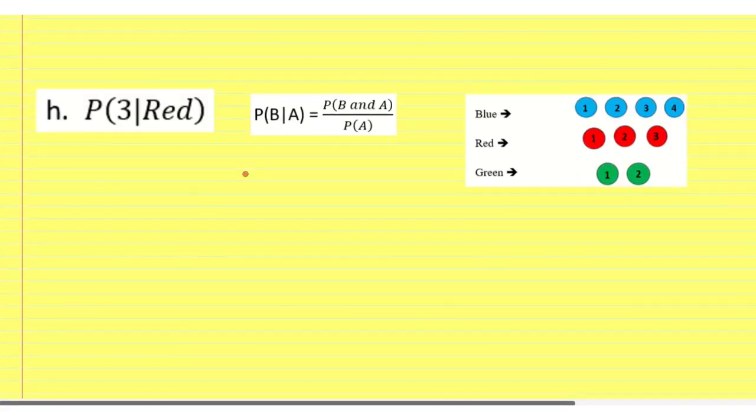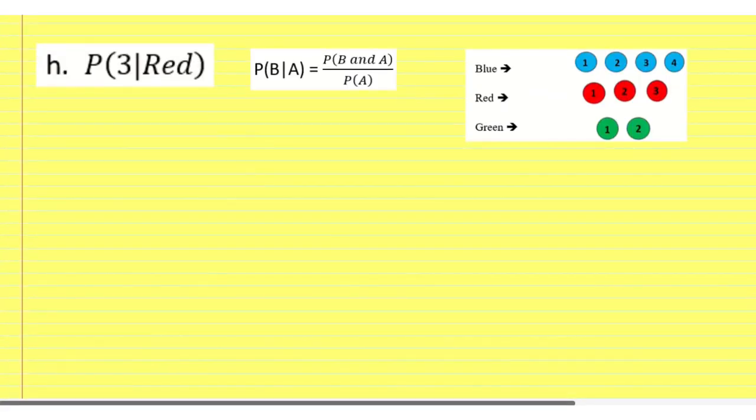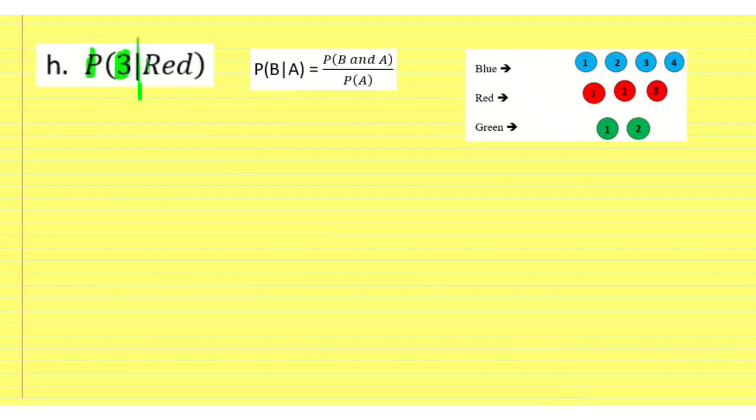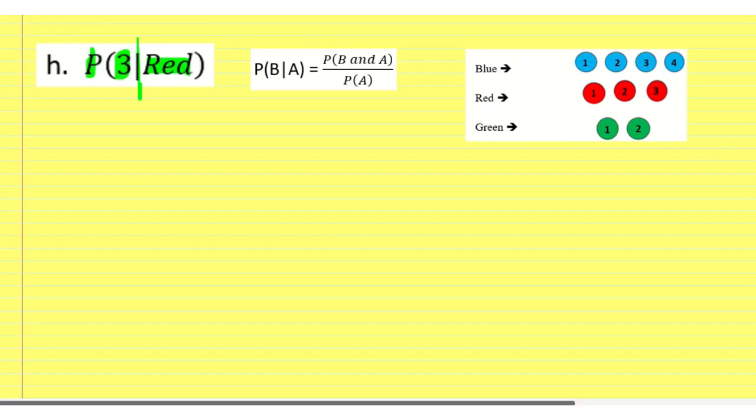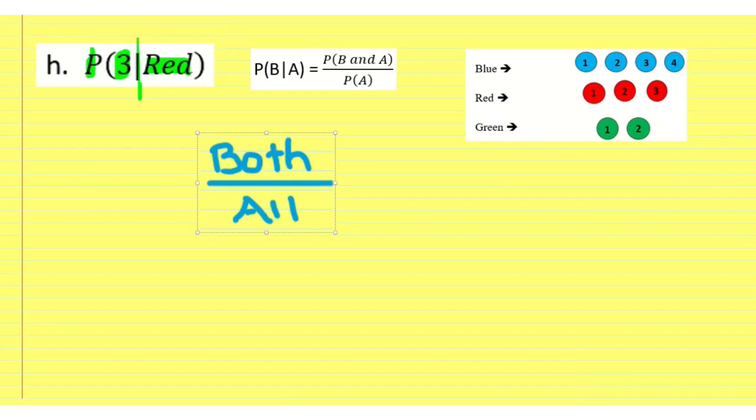Okay, one more in this section. We're going to find the probability that we are going to draw a marble with a 3 on it, given that it is already red. Again, what is my shortcut? I'm going to find both 3 and red. So both 3 and red is going to be, there's a red 3 right there, so there's only one.